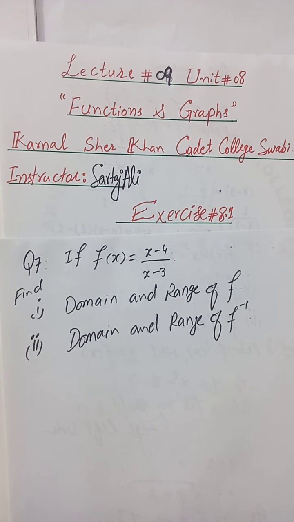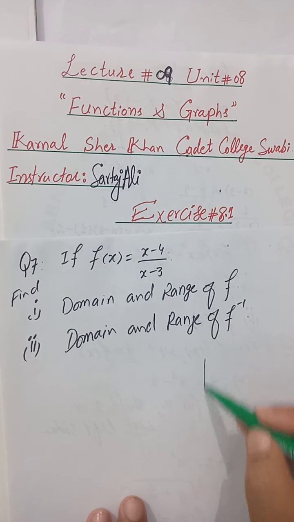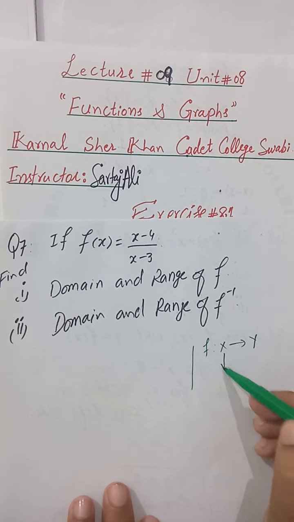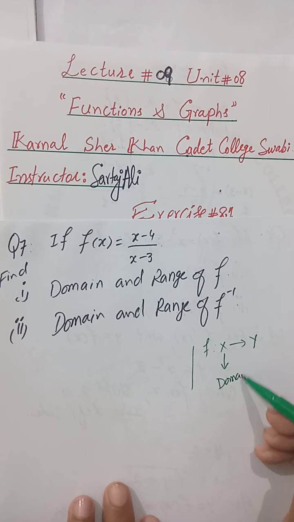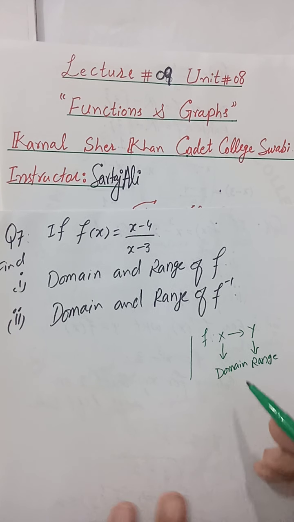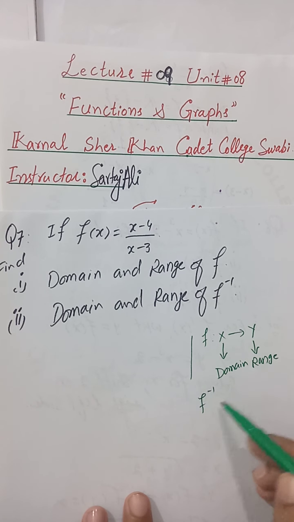Okay, and when you calculate the inverse function, you need just the domain of the function and its inverse, because let's say you know that f from x to y is my function, and let's say this x is my domain, and let's say this y is my range. So when I interchange domain and range, you will get the inverse function.